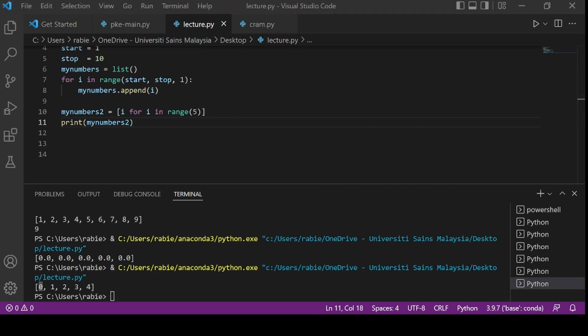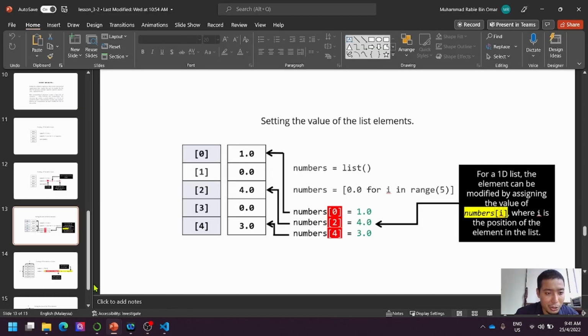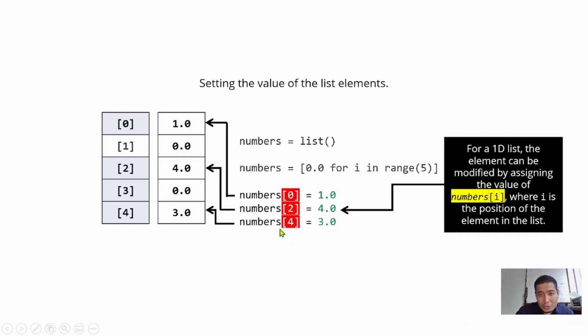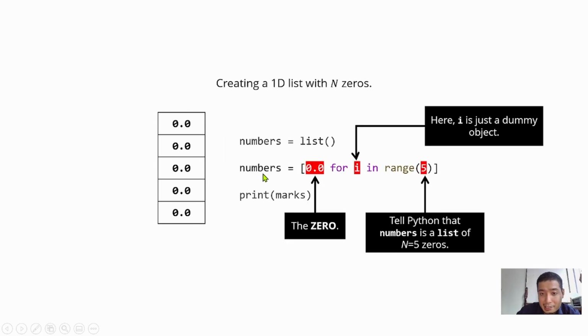Okay, we go back to the PowerPoint. You can also modify your list. For example, you have set the values 1, 0, 4, 0, 3.